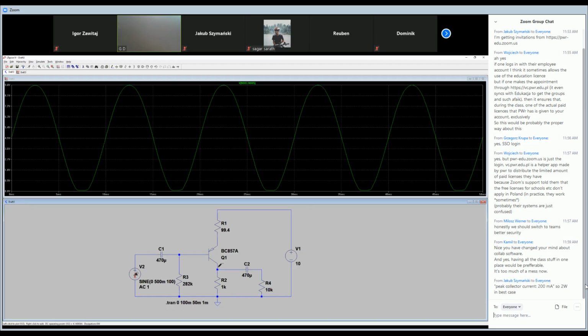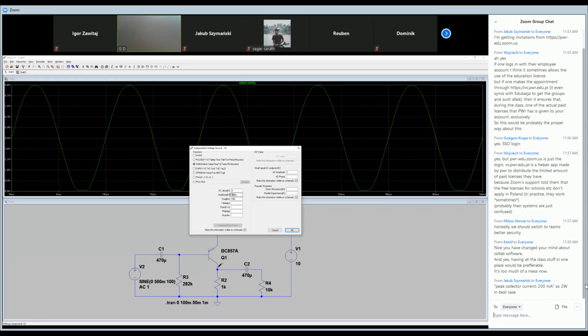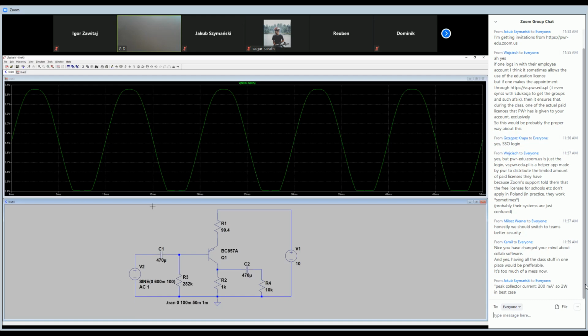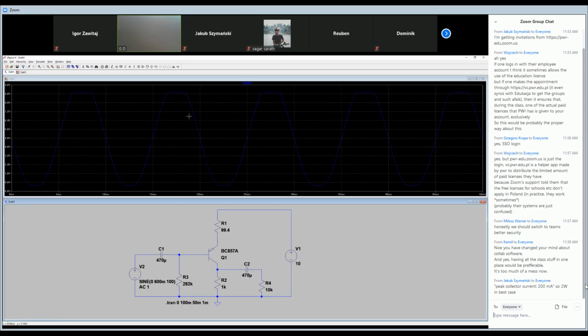What will happen when we're increasing the input signal? As you see, here we've got the cutting of the current, and here we are observing what? The changing of the shape of our sine waveform.